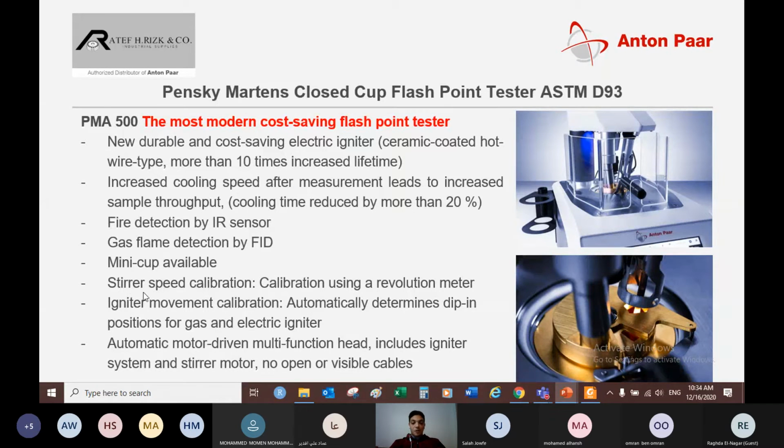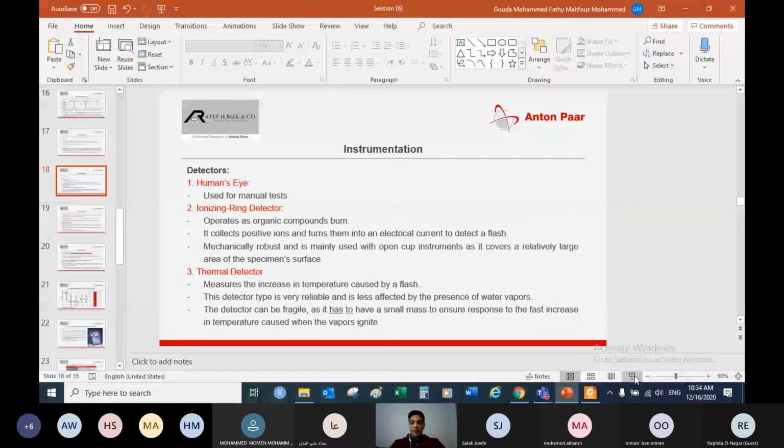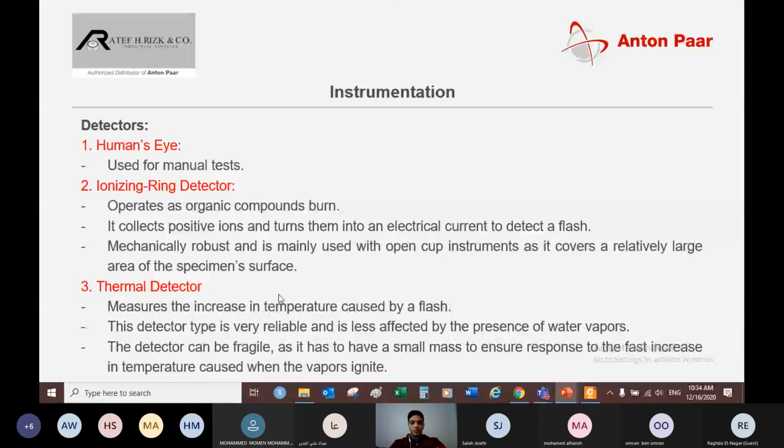The stirrer speed calibration. We have calibration not only for the temperature and the pressure, but also calibrations for the movement.